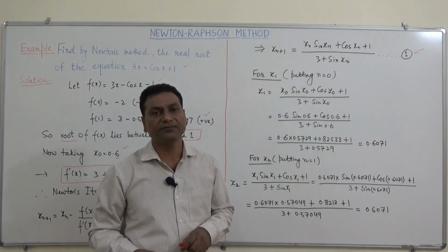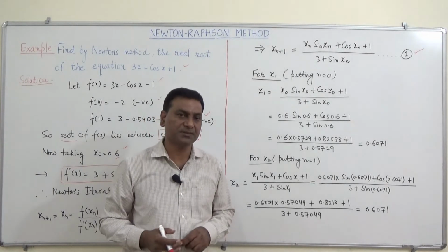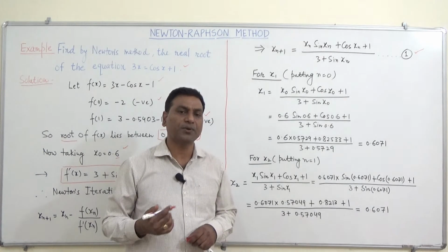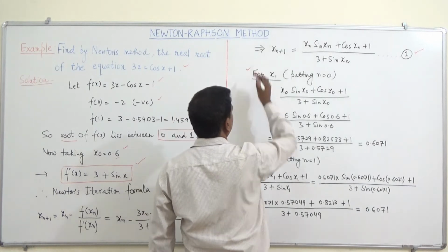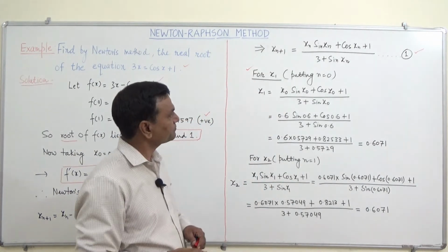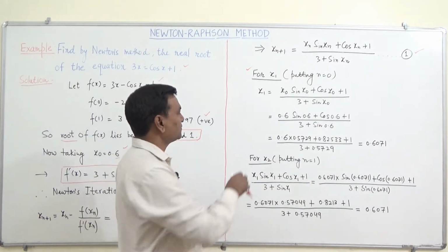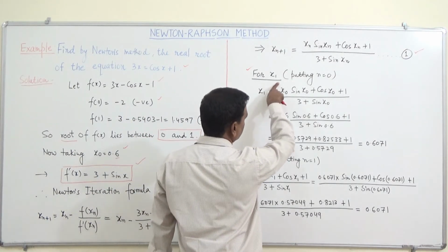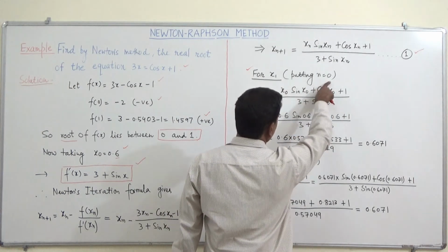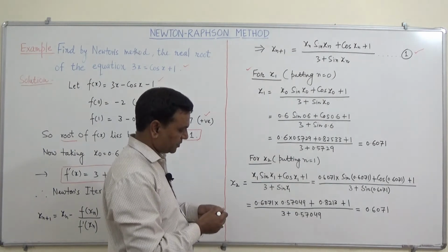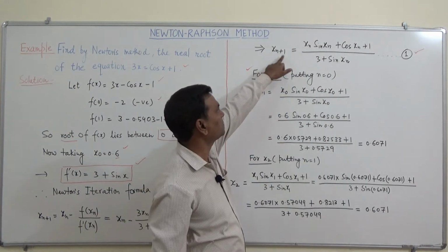Now we have the formula for x_{n+1}. To find the approximations or the roots, for x1, the first approximation, we put n equals 0.